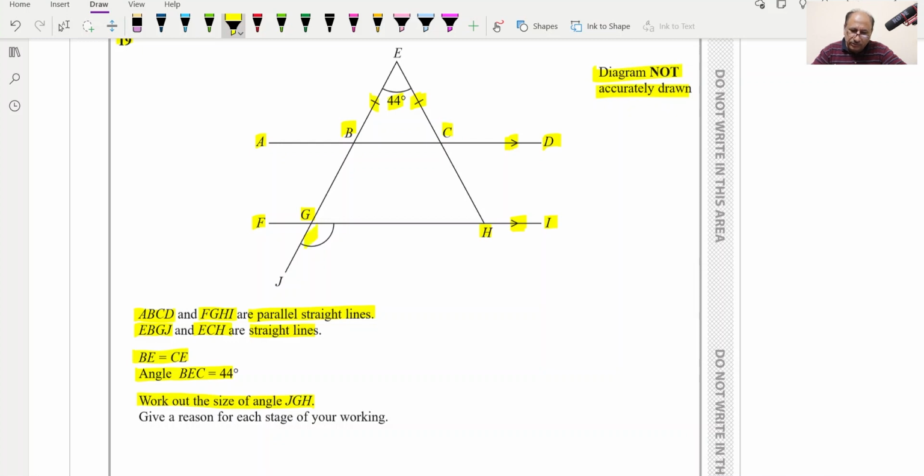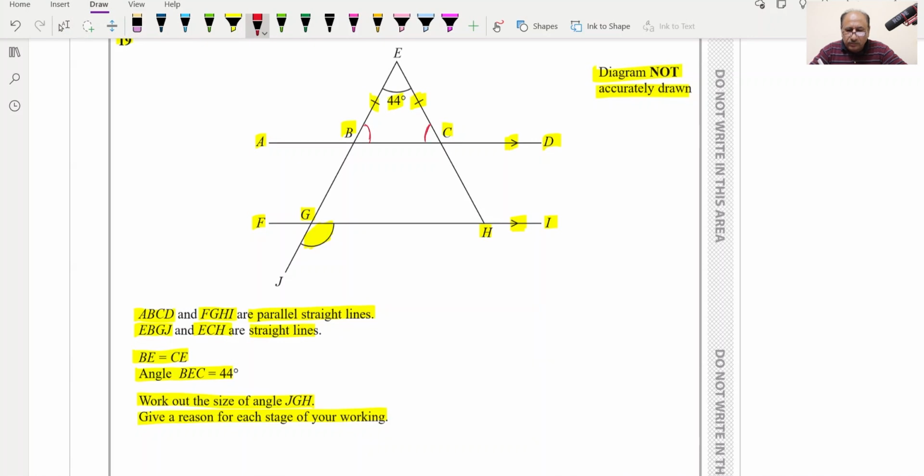Okay, JGH is the angle which is required. Give a reason for each stage of your working. So we can write 180. First of all, we will find this angle and this angle.